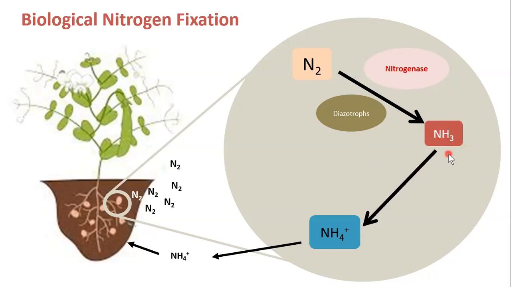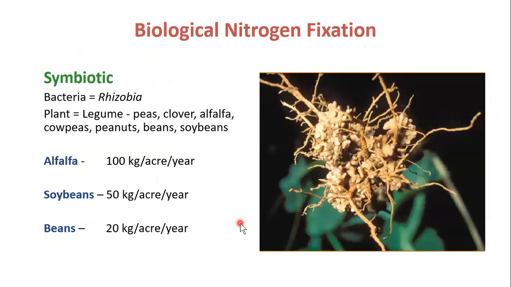So that is produced here first in the presence of microbes and the plants, and then it's converted to ammonia and taken up by the plant. We have also different species with different plants, and they have different capacity to fix nitrogen.